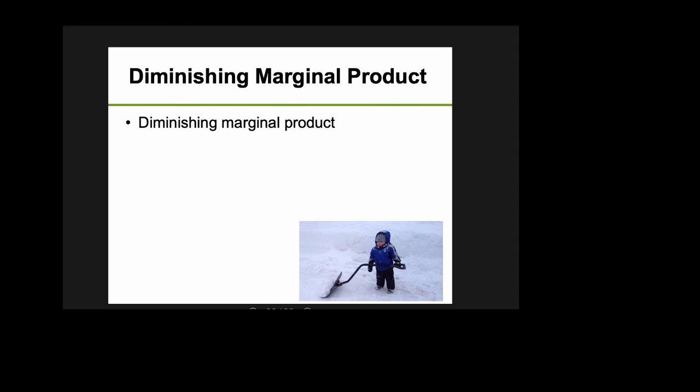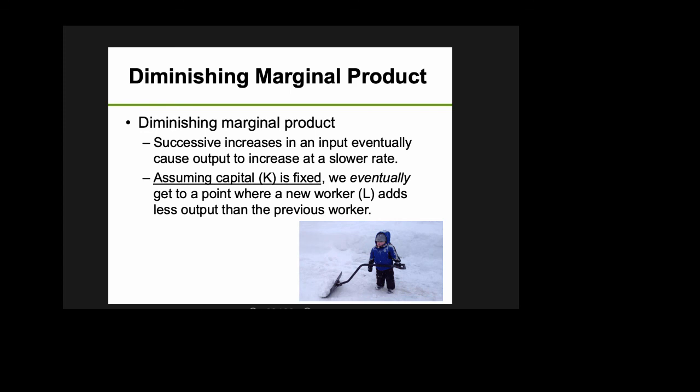With an increase in the number of workers, we leave capital the same. So if you don't increase the amount of capital, you're just going to have more and more workers, and at some point, that increase in the number of workers is not going to really do anything for you. That idea is called diminishing marginal product.